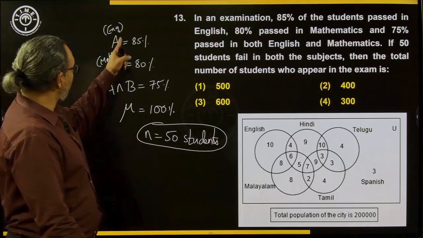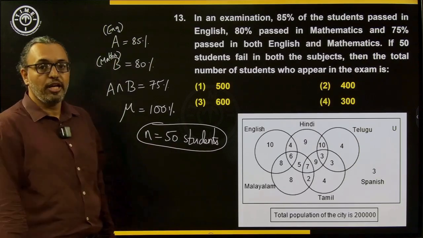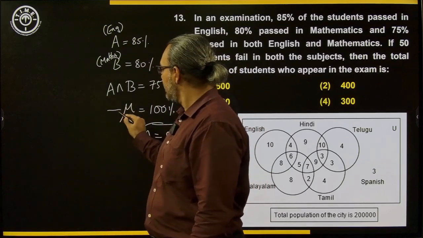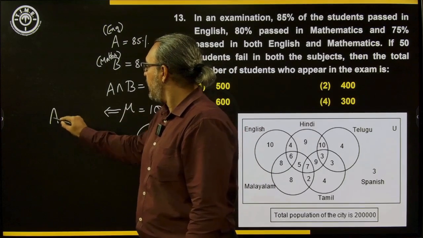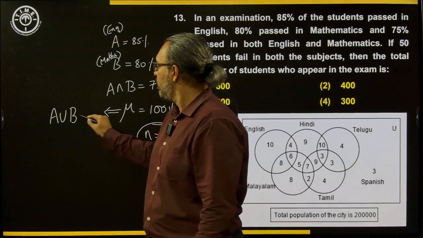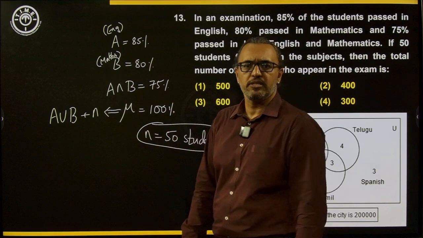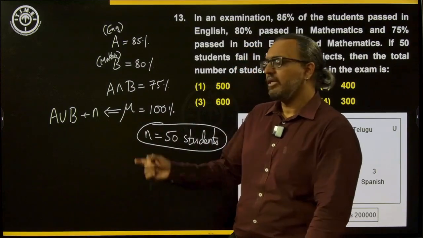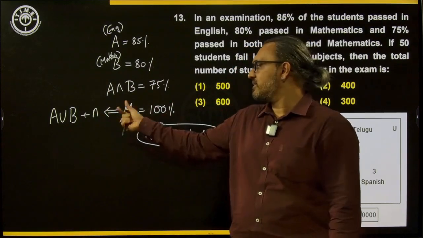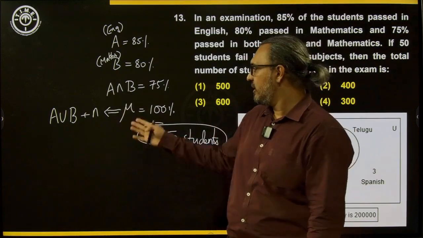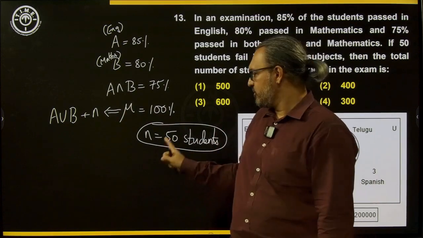Understood? So we have A, B, A intersection B. So what we can do? We can take A union B, because mu is nothing but A union B plus n. Correct? That is mu for a 2 set. A union B is nothing but A plus B minus A intersection B, plus n. That gives you mu. So if I find out what is A union B percentage, then I can get my n in terms of percentage.